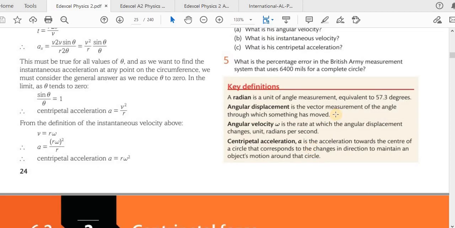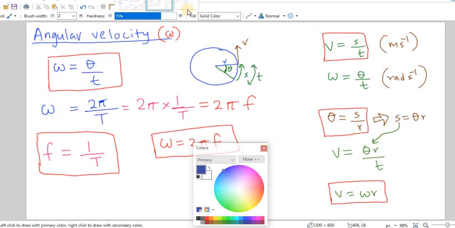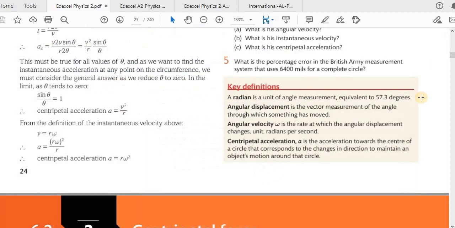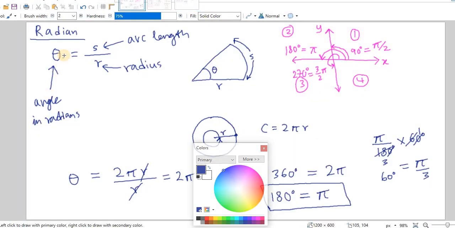Okay, now finally, these are the definitions, and these are what we learned. If you look at the pages here, we learned about the radian, we learned about angular velocity, and then we learned about centripetal acceleration, and one more thing, angular displacement also we learned. So you have to know these definitions, because in the exam they can ask you this. Okay, so here we have the angular displacement, and radian and angular displacement.